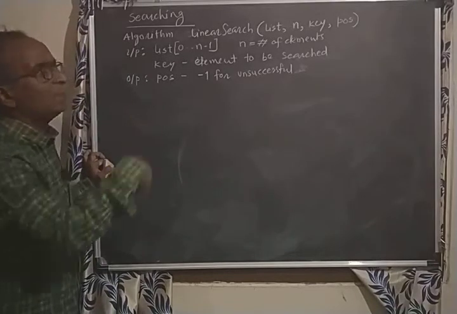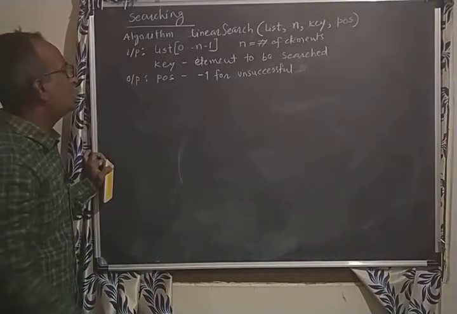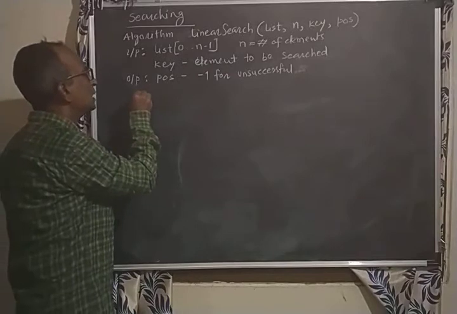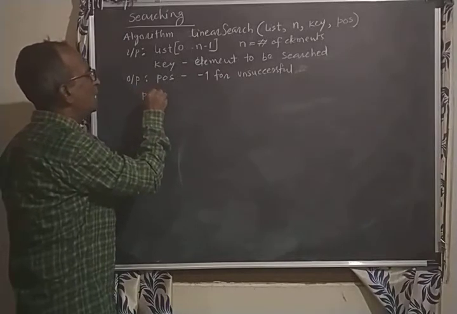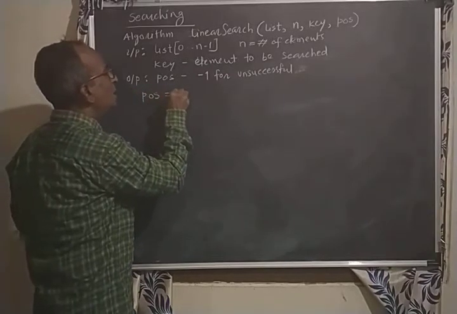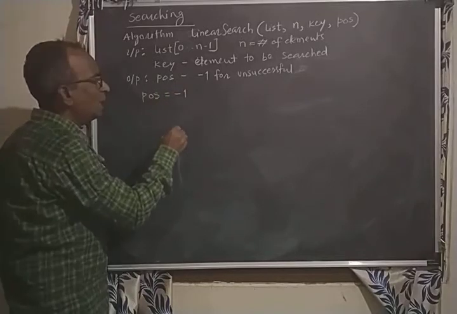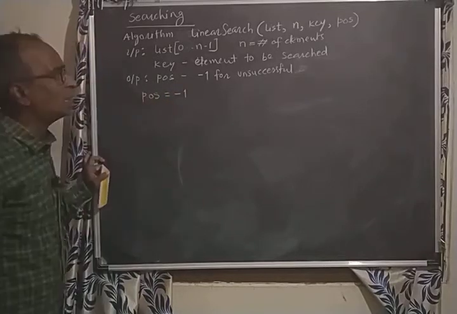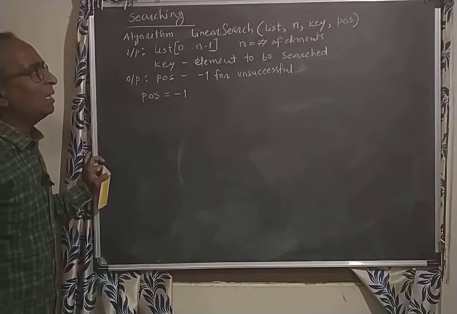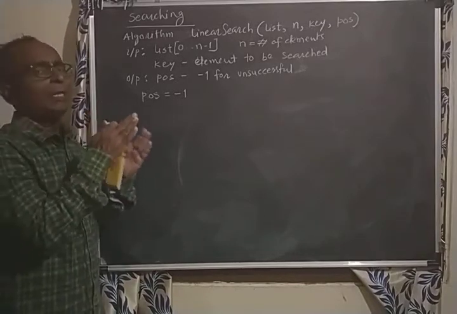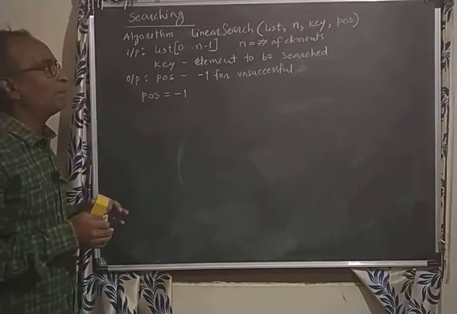Now what steps do we have to follow in this case? See, the first step: position is given -1, initially we set that position as -1. Then with every element we have to compare.